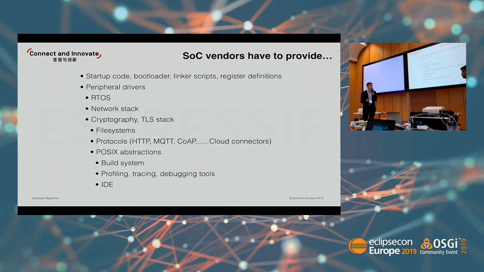And on top of that, also all kinds of protocols like HTTP clients and servers, MQTT, CoAP, some libraries for cloud connection, like, for example, AWS IoT SDK, Azure, Google IoT Core. So these are also available as libraries.